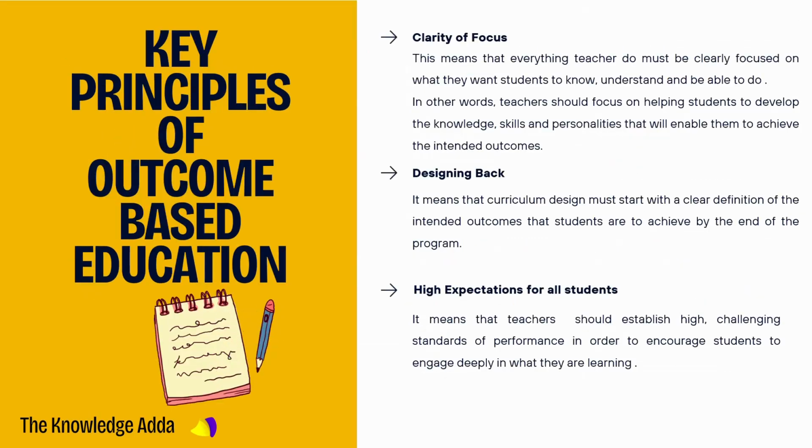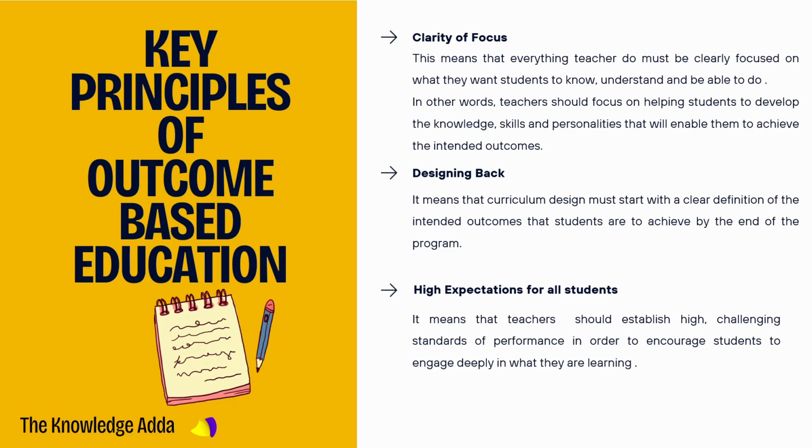Now, talking about key principles of outcome-based education. So, firstly, clarity of focus. This means that everything a teacher does must be clearly focused on what they want students to know, understand, and be able to do. So basically, in the teacher's mind, there should be clarity of focus.